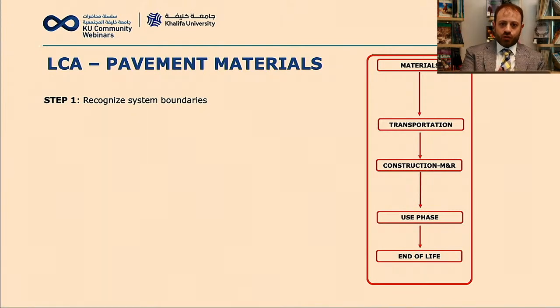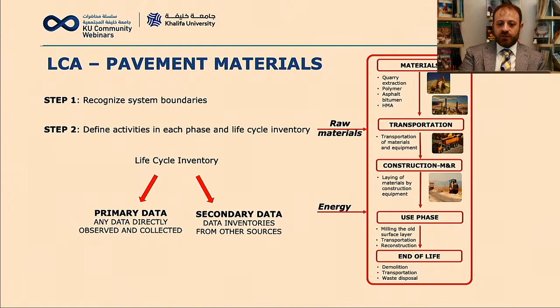Then we have to construct our road. Then there is the use phase and the end of life. So all these phases are included in our system boundaries. So this is our life cycle of the pavement materials. Then, as step 2, we have to define the activities, and we have to perform the life cycle inventory.